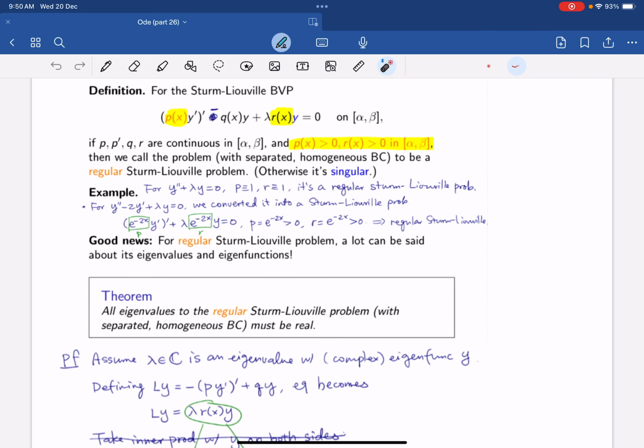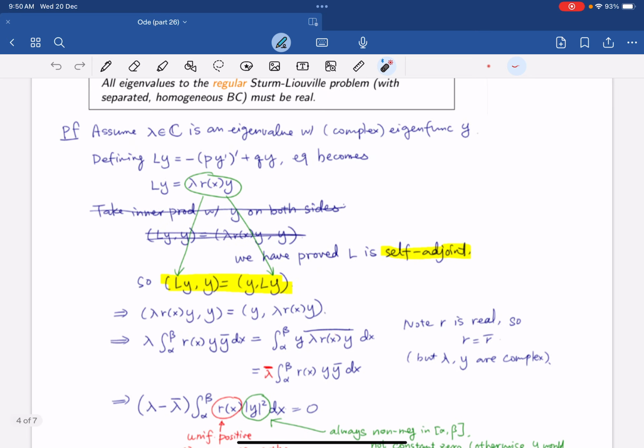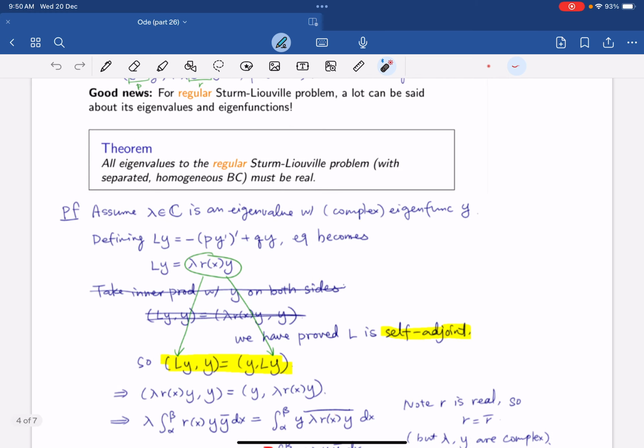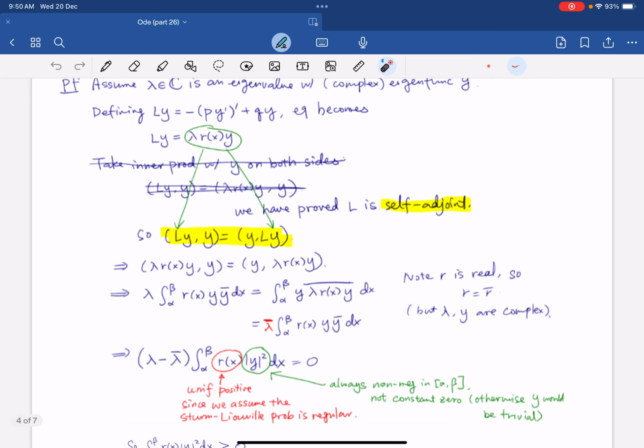And the good news is that once you know that it's a regular Sturm-Liouville problem, you have many properties for its eigenvalues and eigenfunctions. And one property is that all its eigenvalues must be real. So how do we show this? Okay, let lambda be an eigenvalue, and we already know L is self-adjoint, so this equation holds.